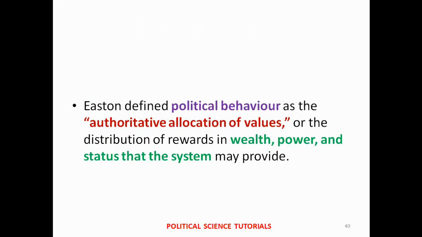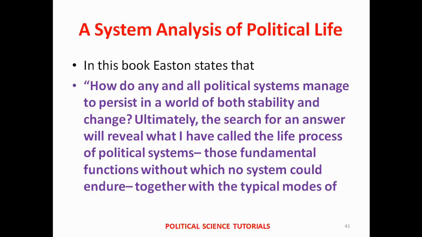Already mentioned the name of this book by Easton, A System Analysis of Political Life. In this book, Easton states: how do any and all political systems manage to persist in a world of both stability and change? Ultimately, the search for an answer will reveal what I have called the life process of political systems.